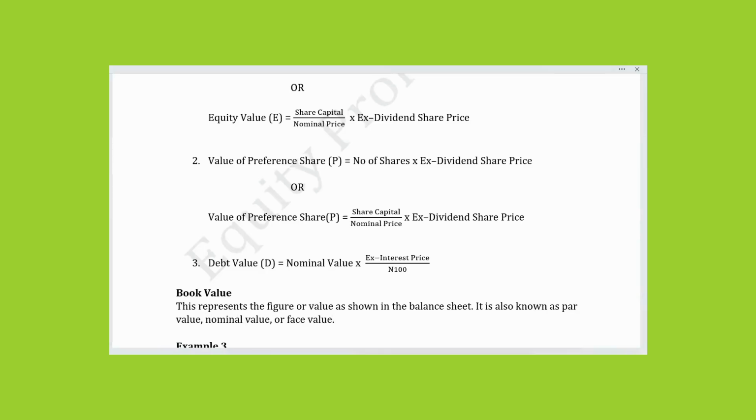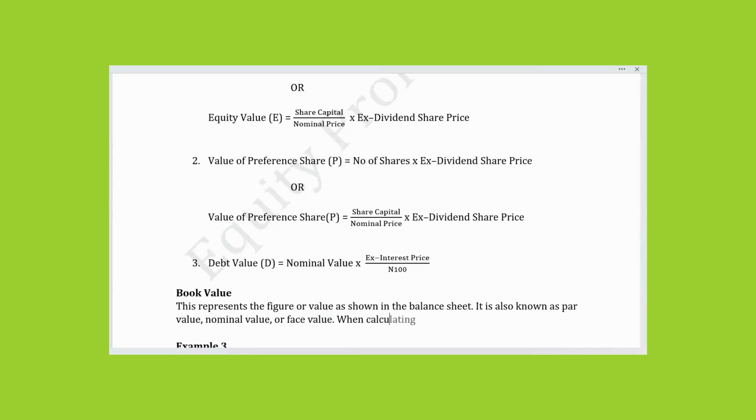So anytime you want to calculate WACC using the book value, you have to combine ordinary share capital with reserves to form the proportion of equity, which you are going to use to do the weighting for equity. Let me put it down for you.